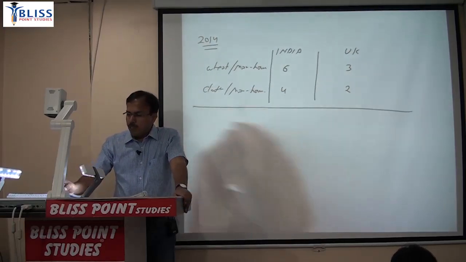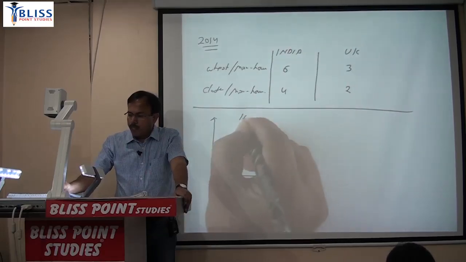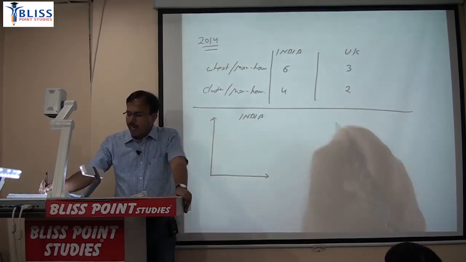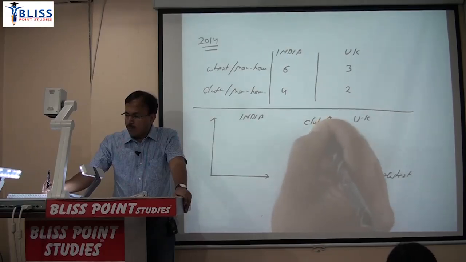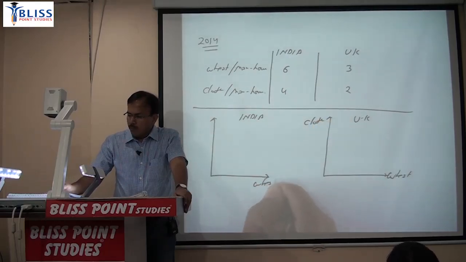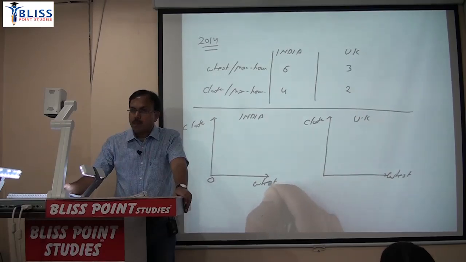From that information, if you have to plot the production possibility frontier for India and the production possibility frontier for UK by marking wheat and cloth, what will be the production possibility frontier?